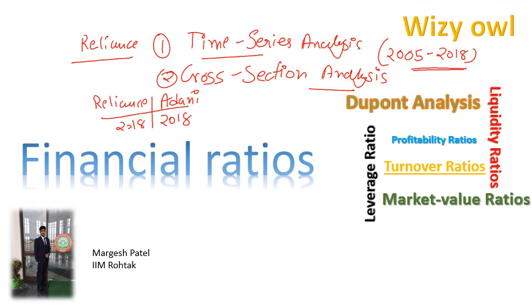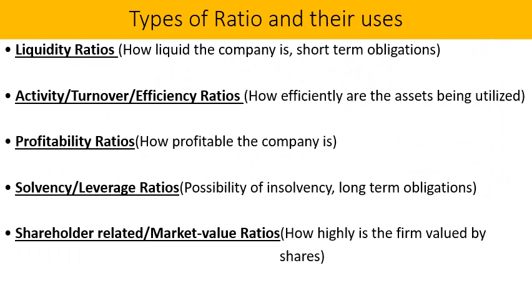So these two analyses are the basic understanding of how ratios are analyzed. In the next slide, we will go through how ratios came into being and what are the basic ratios we should look at while analyzing a company.